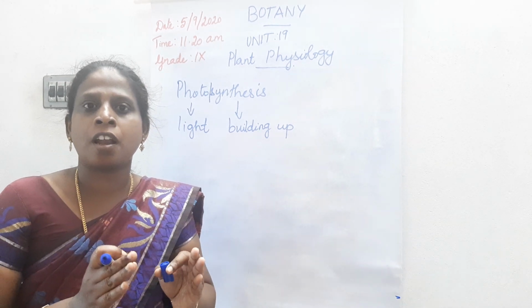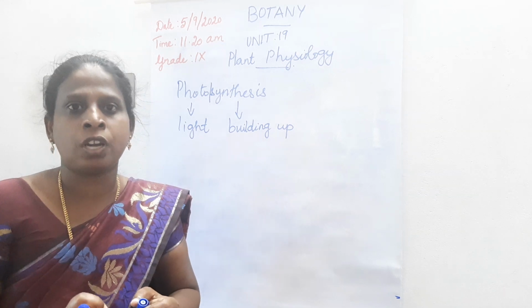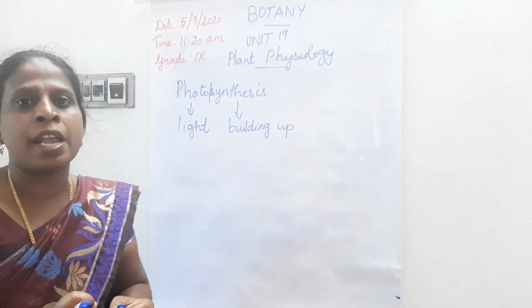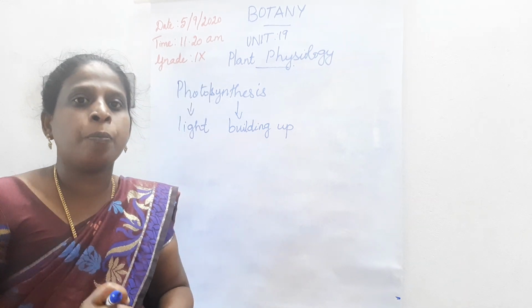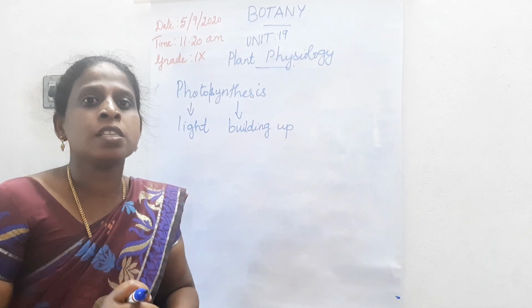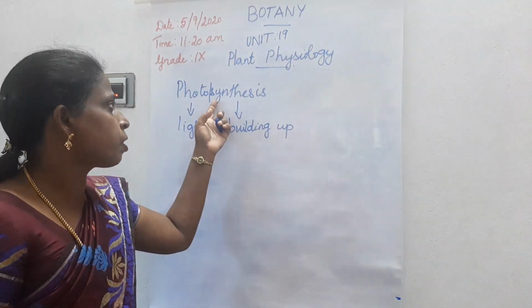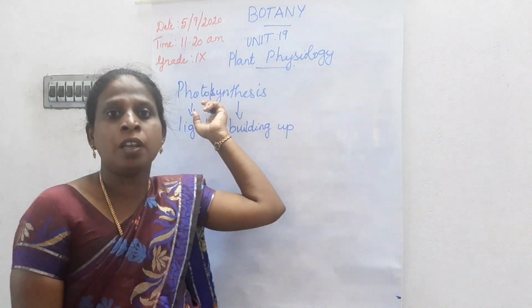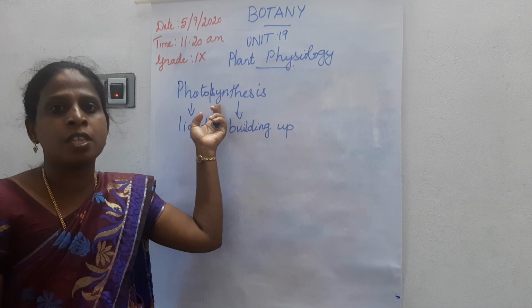So green plants are called producers, and their mode of nutrition is autotrophic. Why is it called autotrophic? Because they prepare their own food by the process of photosynthesis.